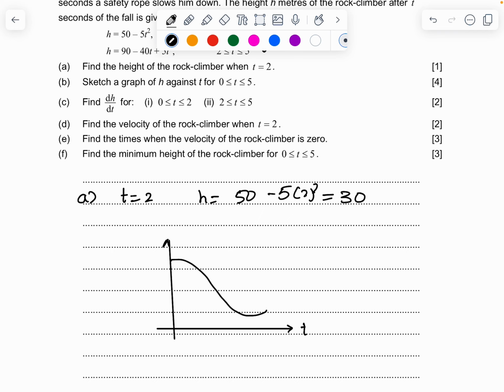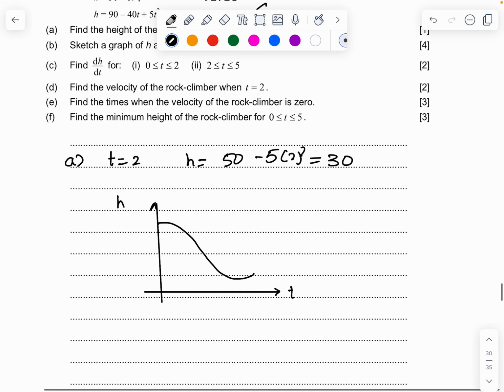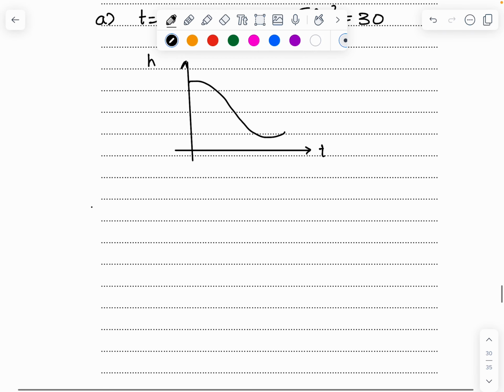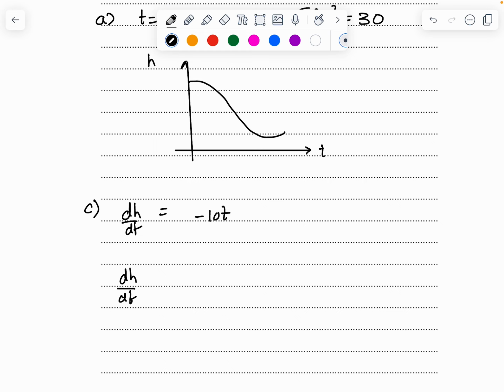Time t, and this is height h. Find dh by dt between those two values. So dh by dt will be negative 10t for the first one, and for the second part of the journey it will be minus 40 plus 10t.